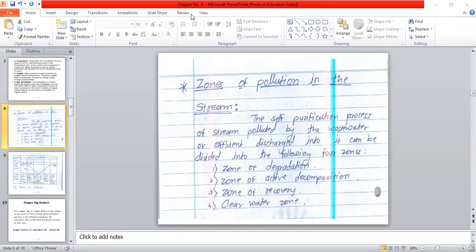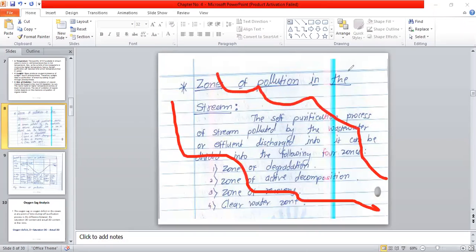Zones of pollution: you can consider this is a stream, and this is a spot where you are going to add sewage.